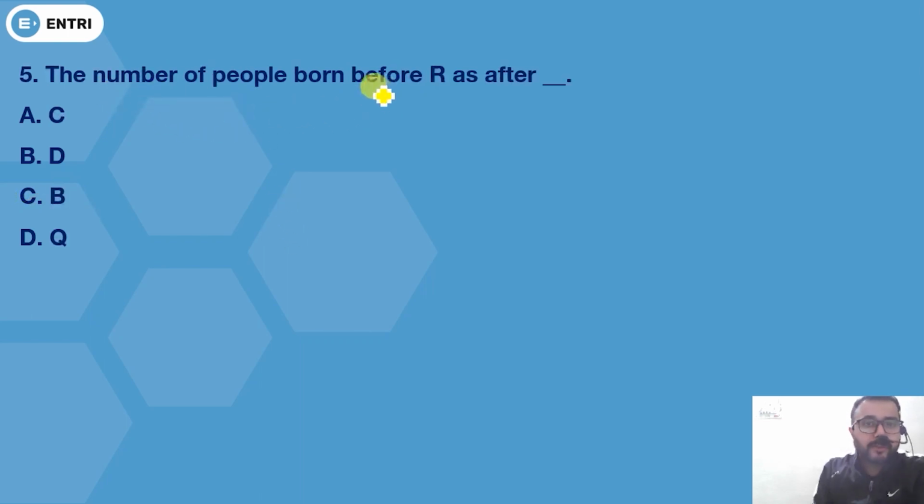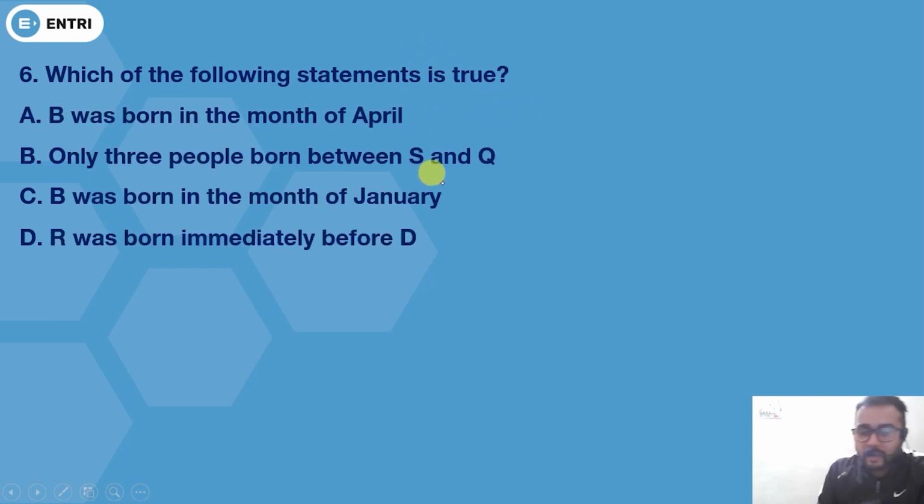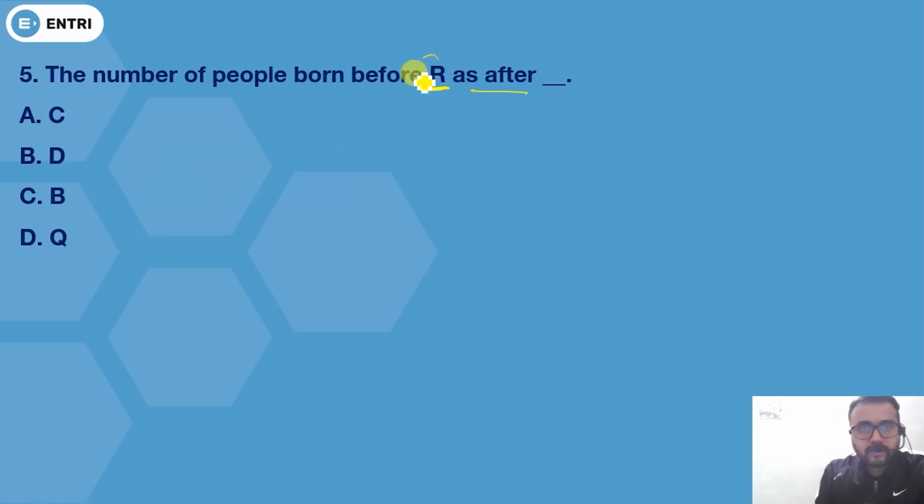The number of people born before are as after. So see, you have to calculate the number of people who were born before R, and you have to find who is the person who has the same number of people after that.